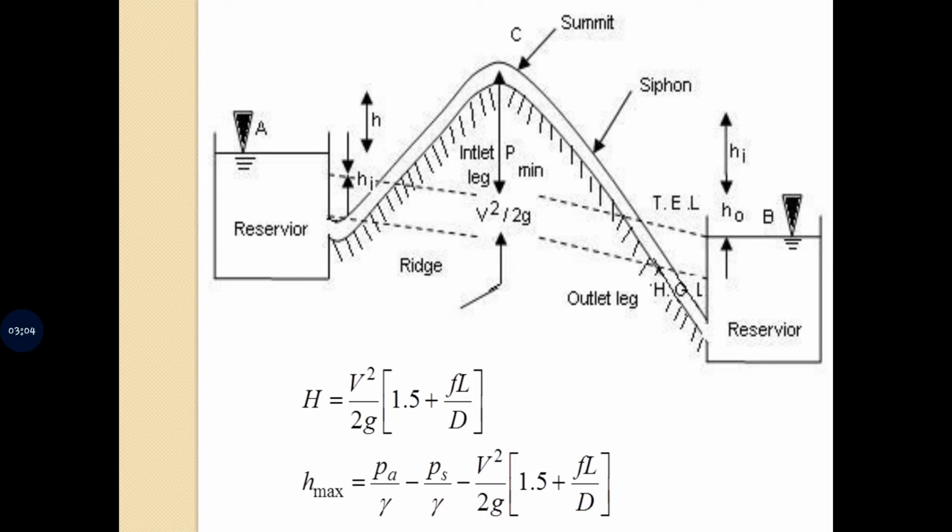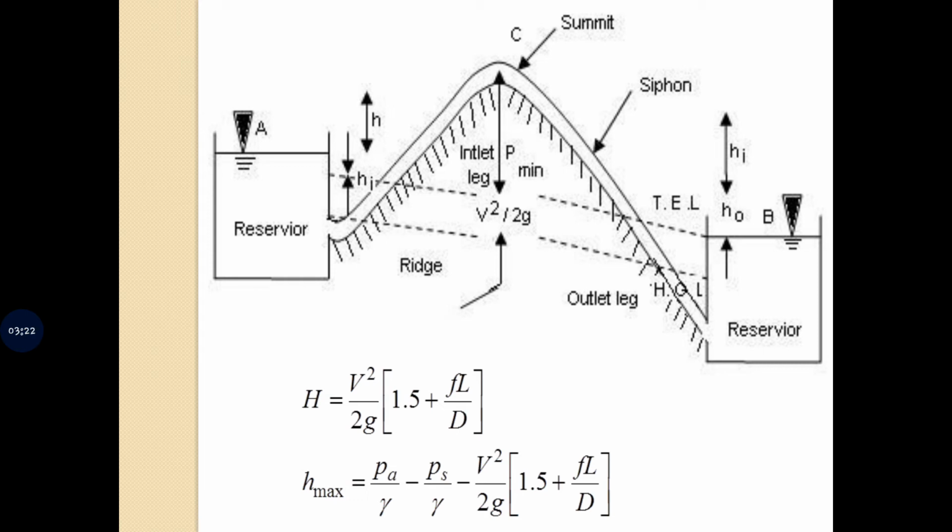Next is the flow through the pipe, that is the frictional loss, and next the head loss due to exit. That is, head loss is equal to major loss plus minor loss. Major loss is due to friction and minor loss is due to entry and exit.